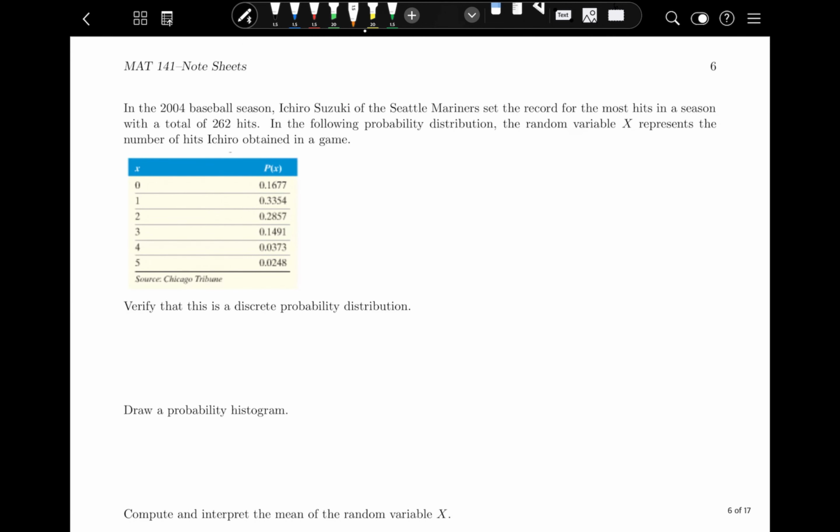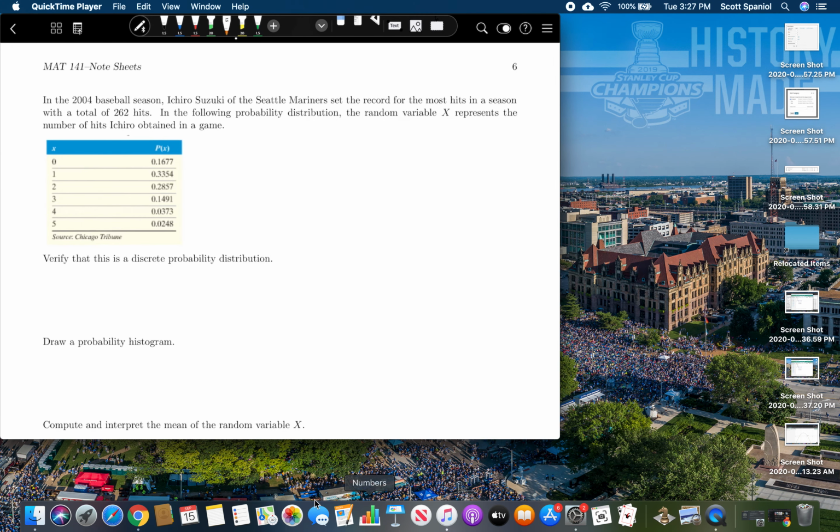So let's try using some of this. The first thing they want us to do is verify that this is a discrete probability distribution.